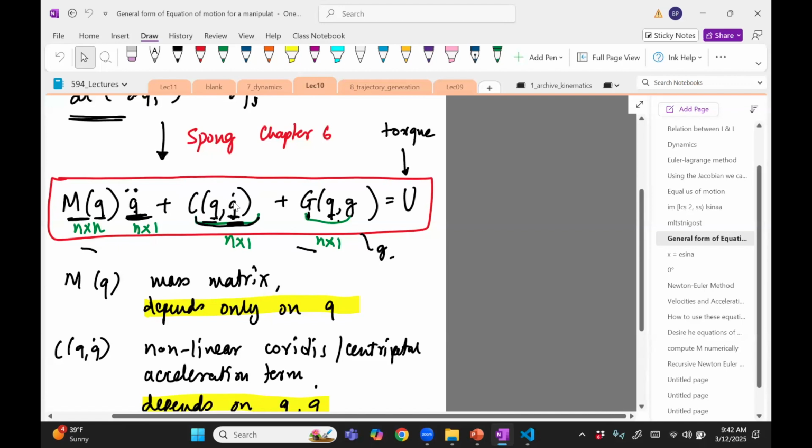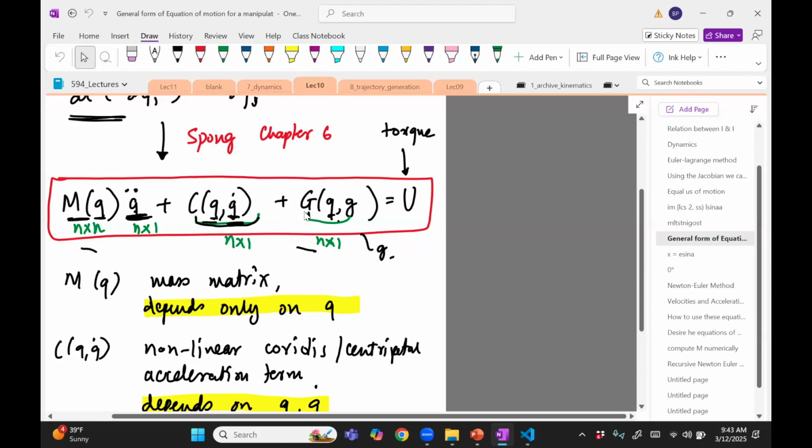So q dot explicitly comes into this equation in such a way that if you put q dot equals 0, this whole thing cancels off. One way of writing this equation is c(q, q dot) times q dot, which is how books write it. I just wrote it this way, but note that this disappears when q dot is 0. So I can essentially get g by putting q dot equal to 0 and q double dot equal to 0, and that'll give me g.